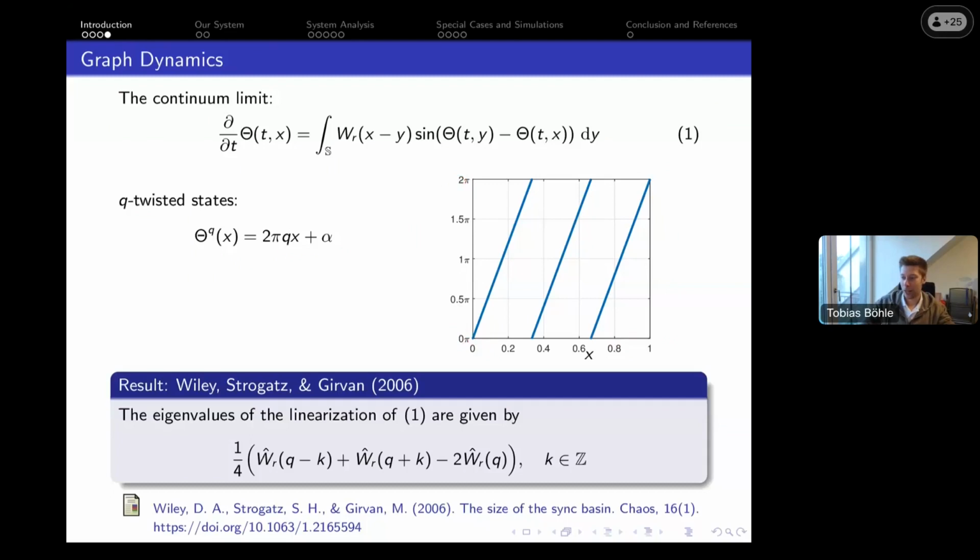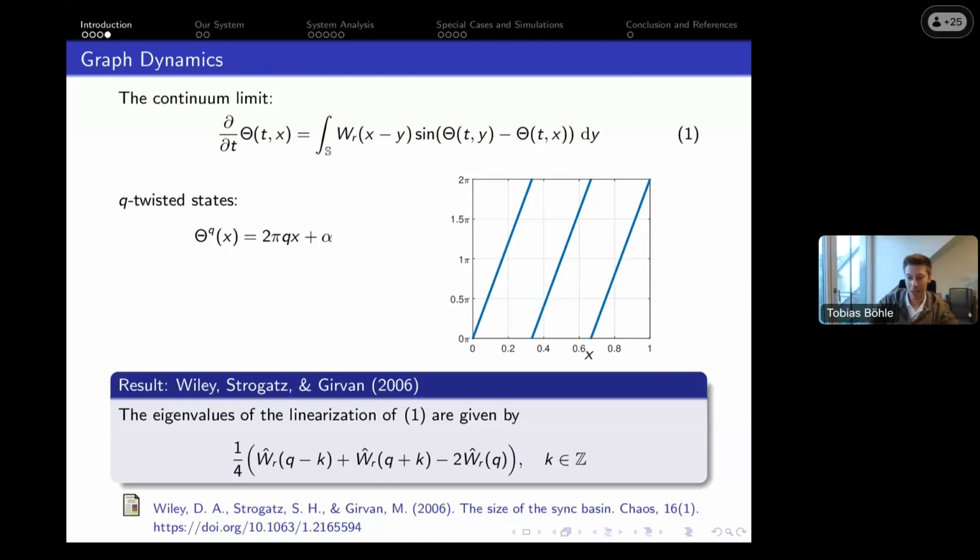Okay. And now, as I said, you want to calculate the stability, and in this continuum limit, calculating the stability is a lot easier. In fact, that was done in 2006 by these three people here, Wiley, Strogatz, and Girvan.